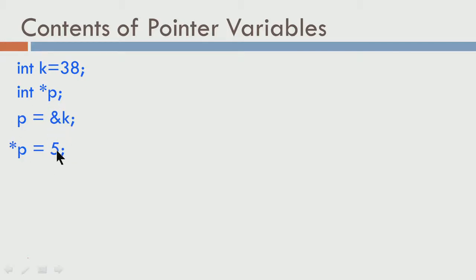So, let us see what this means. Int k equals 38, what does that do? The compiler sees that k is a variable of data type integer. So, it gives you a memory location, in this case I am assuming that it is 100. From the program side we are going to call it k, and the value that is stored is 38. So, this is something that you already know.